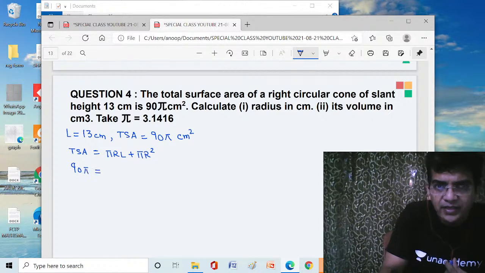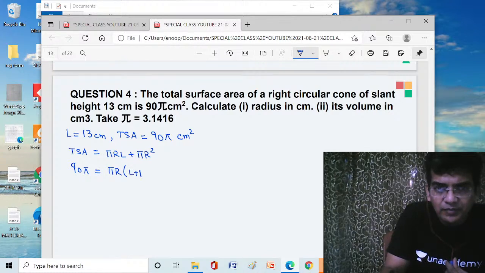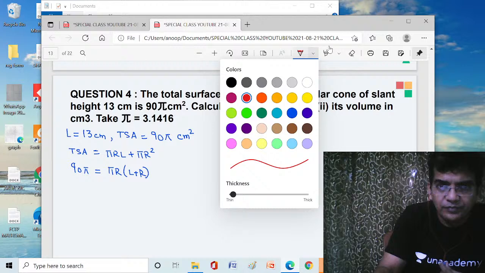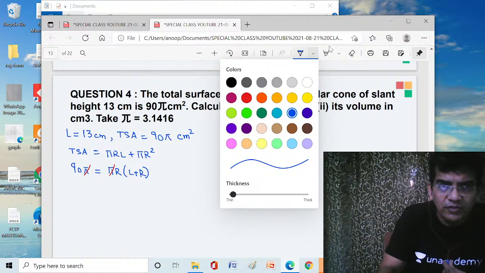Now on the right side, you can take pi r common. So it's L plus R. Now before substituting the values, as you can see on both sides, pi cancels out. So cancel out pi. And now you can substitute the values. So the left side it's 90.